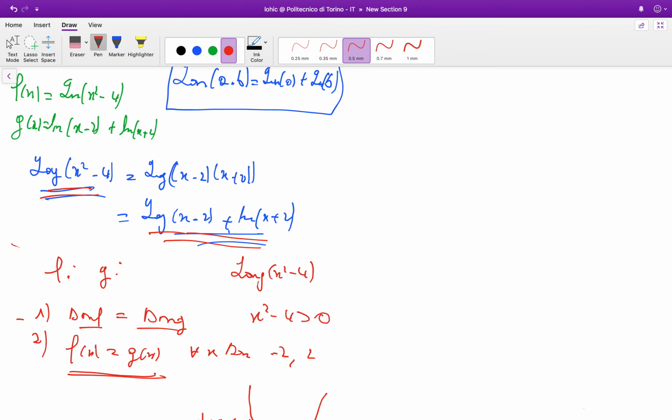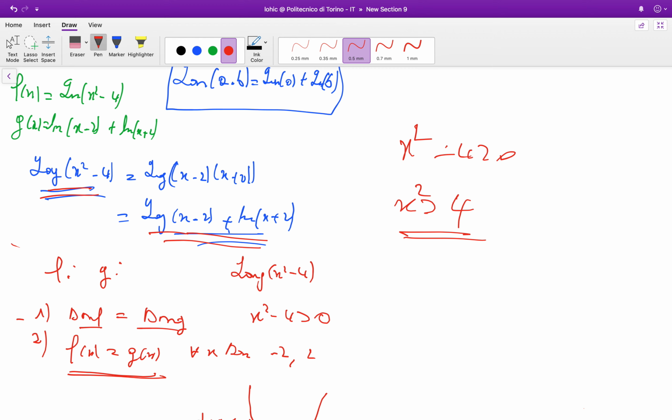We never solve a parabola like this. The question of my student is, if we have x squared minus 4 greater than 0, is it possible to do x squared greater than 4? No, it doesn't work like this.